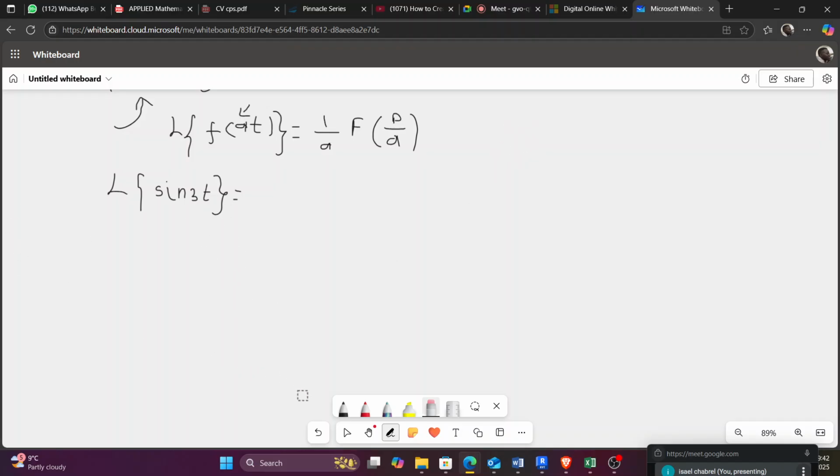Now, let's look at here. As long as there is a constant inside this function, which is a, we can solve this by using a scale property. I don't know why we do it like that, but we have to according to the rules. The formula says it is 1 over a. So you simply write 1 over, what is a? A is 3. If you see F big like this, the F big simply means the solution of the Laplace.